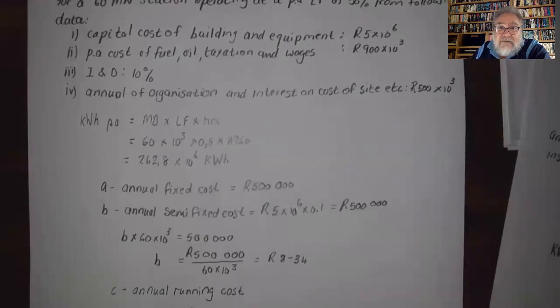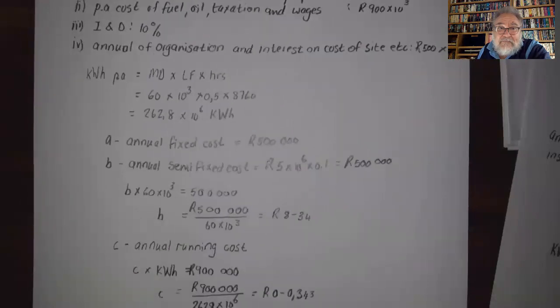Capital cost of the building and equipment, 5 million. Per annum cost of fuel, oil, taxation, and wages, 900,000. Interest and depreciation is 10%. And the annual organization and interest on cost of the site, 500,000.